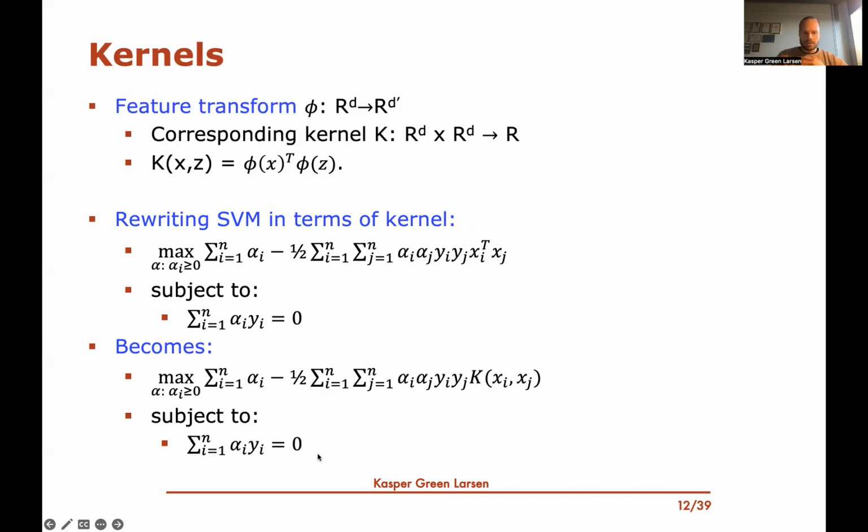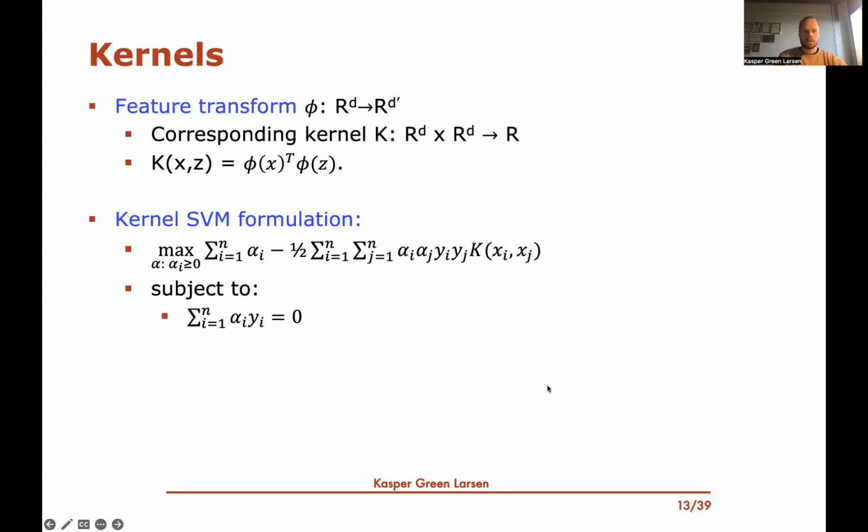So there's a new optimization problem, and the only thing that involves the vectors is just inner products, the kernels. This is the kernel SVM formulation, where we just have these kernels applied to xi, xj, which are the inner products of the feature transformed vectors xi and xj.